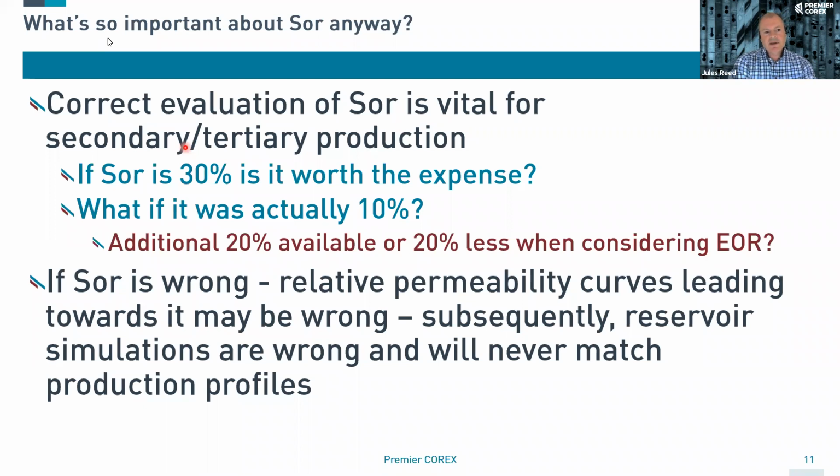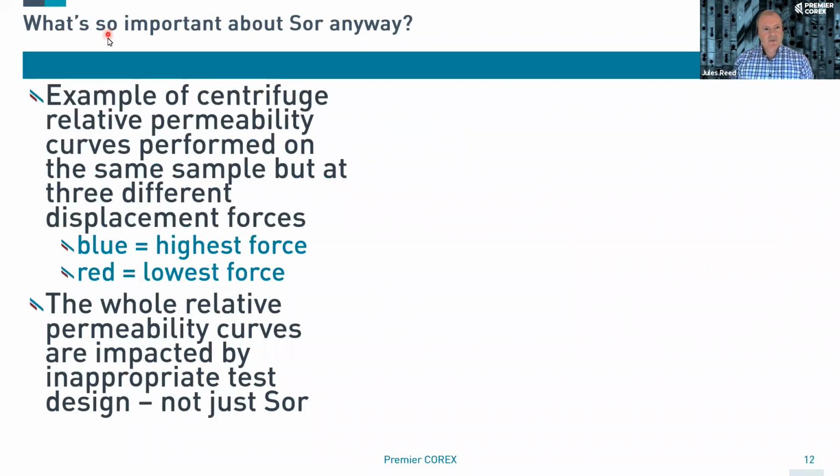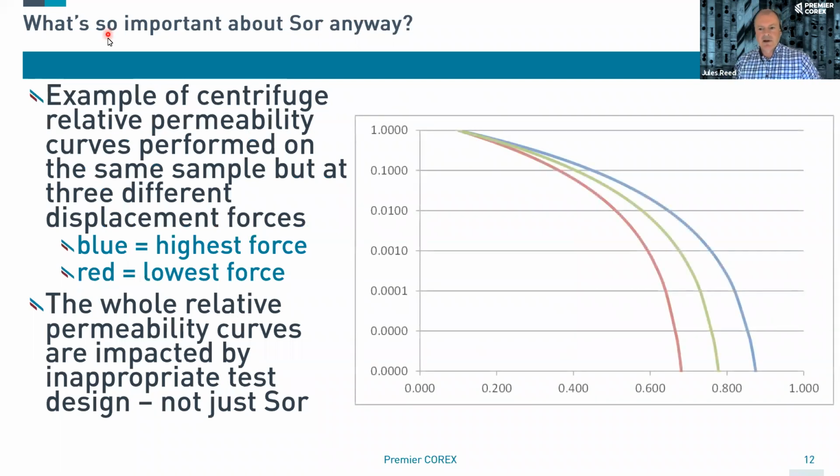And one of the things that I've observed over time is that if SOR is wrong, then many of the data that work towards that, things like relative permeability curves or capillary pressure curves, may also be incorrect. One example here is if we apply different forces in a centrifuge test.